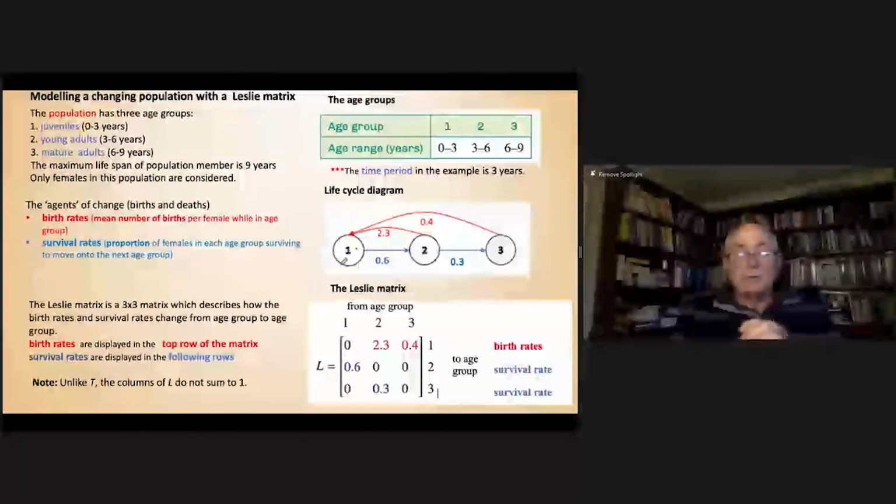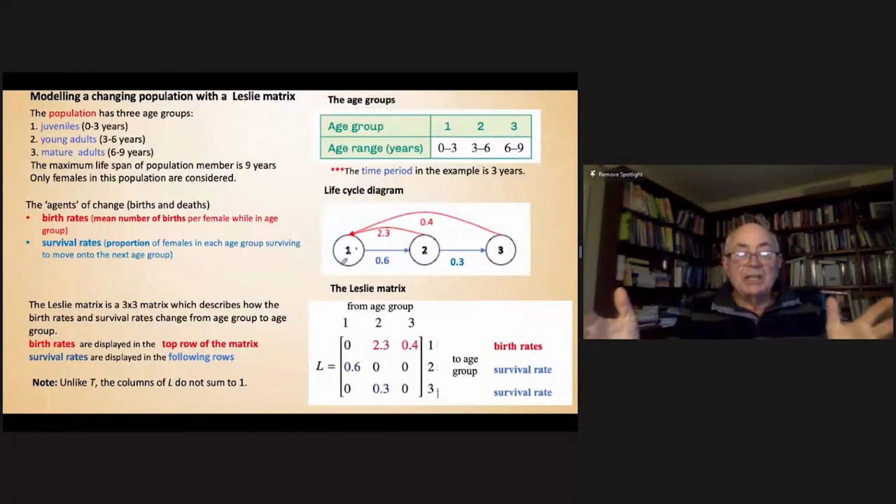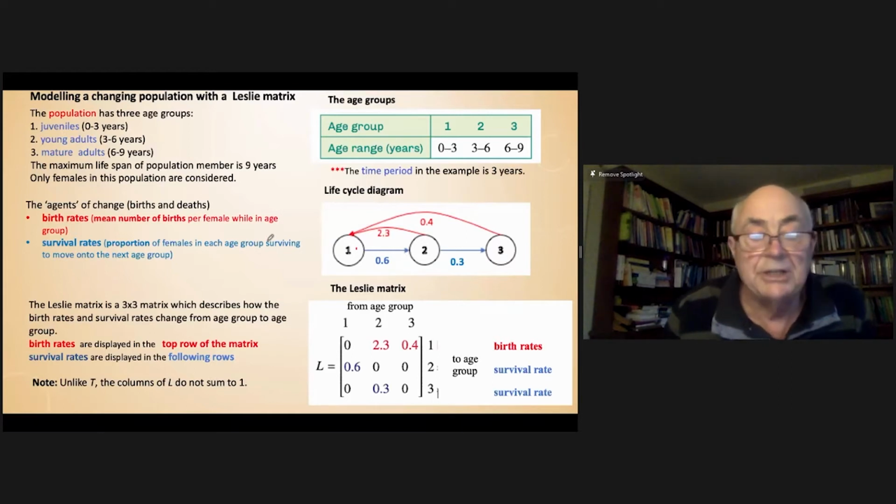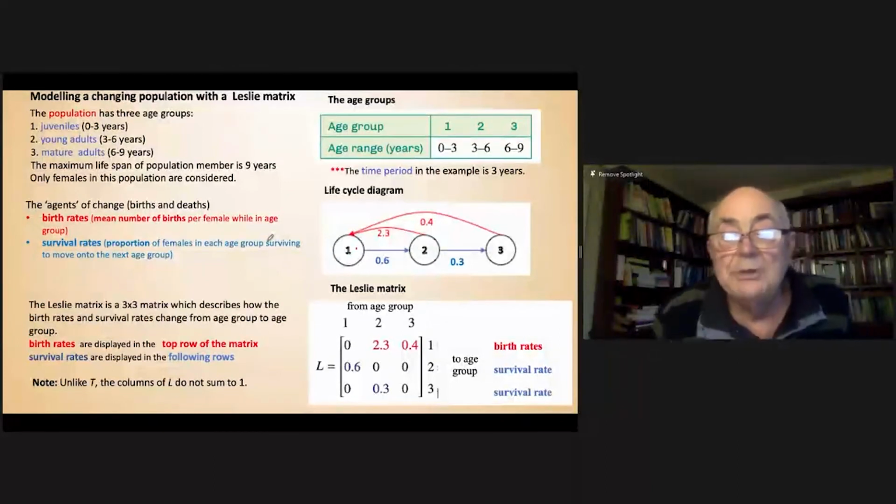I said before that we're dealing with births and deaths. The deaths we cover by looking at survival rates. And the survival rate tells you the proportion of females in each age group surviving to move on to the next age group. We only deal, by the way, in this model with females because we can't have the males mixed up in it.